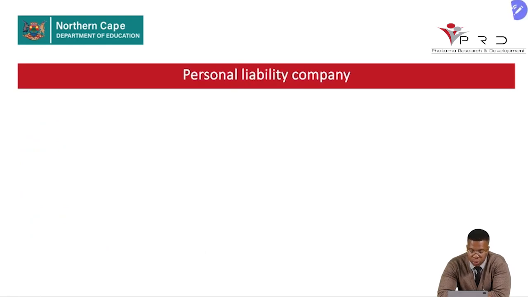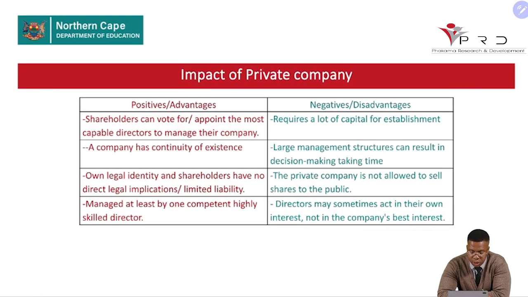Then when we look into positives there, shareholders can vote for or appoint the most capable director to manage their company. So shareholders are basically not there on a day-to-day basis for a company. They just come during the annual general meeting, and they also receive what we call interim reports so that they know and learn about the company's performance.